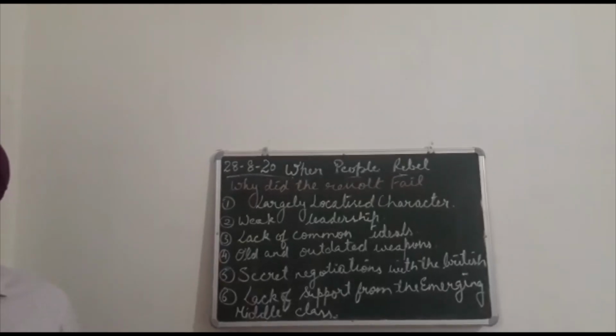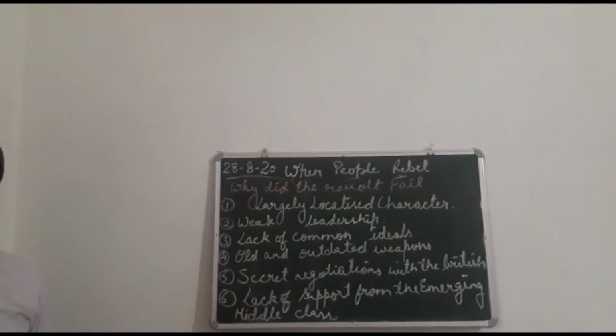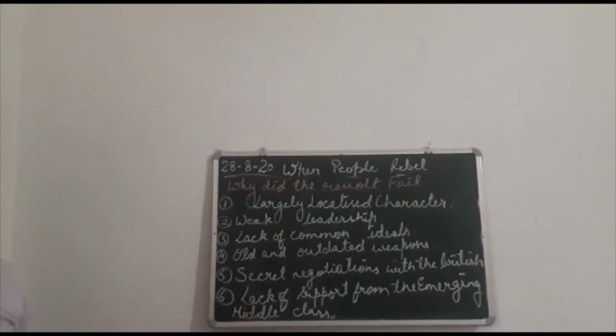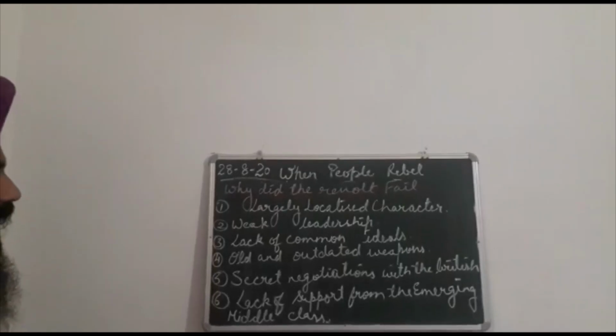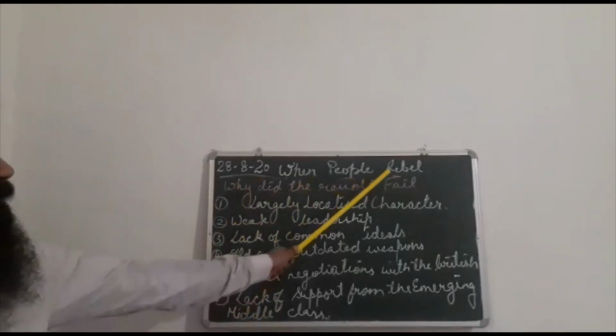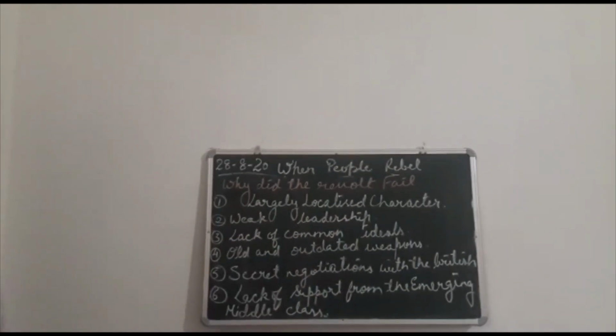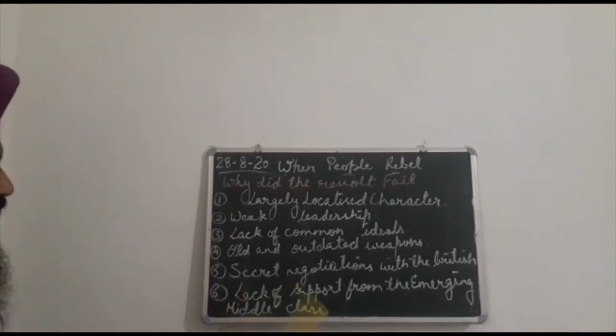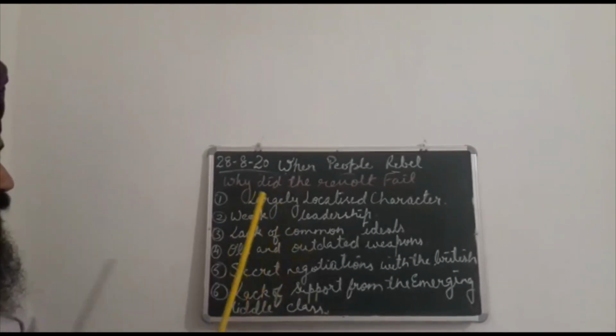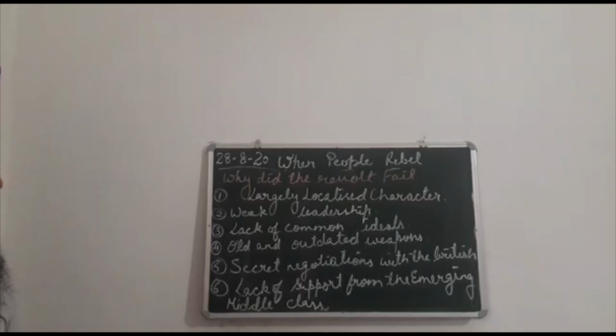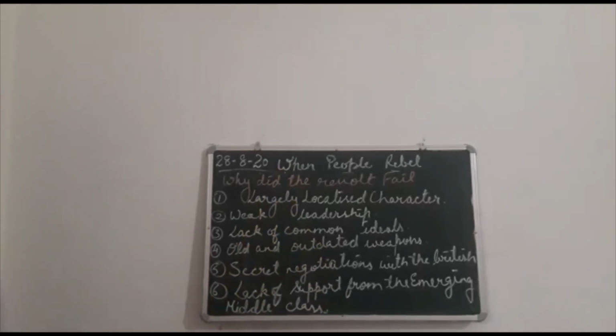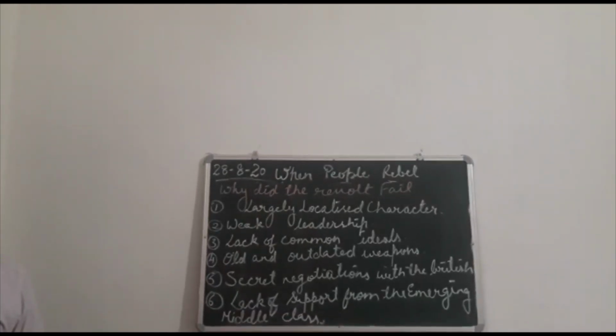Areas under the direct control of the British, including the Bengal province, the Bombay presidency and the Madras presidency, remained largely excluded from the rebel movements. Bombay and Madras, which were economically prosperous and important centers of the English East India Company's trade, did not take part in the revolt of 1857.